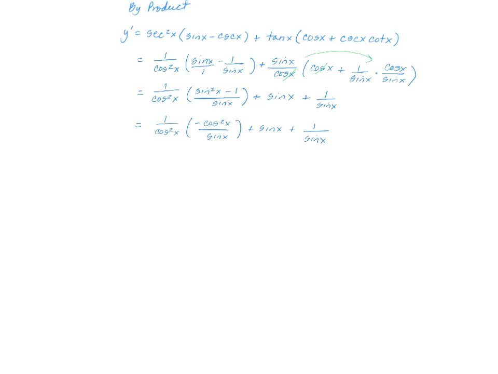So the cosine squareds cancel. This becomes negative 1 over sine plus sine of x plus 1 over sine of x. So the minus and plus 1 over sine of x cancel, and we get the same answer that we got previously.